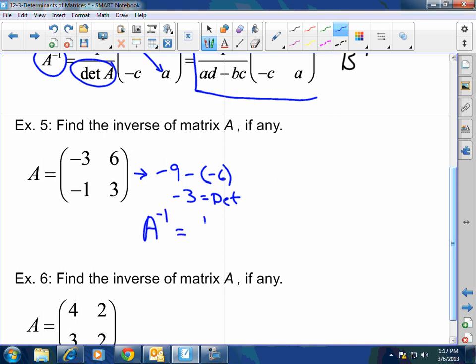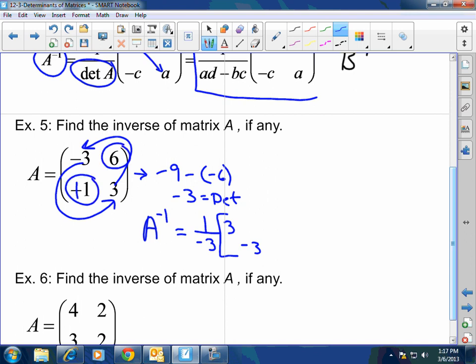It's going to be 1 over the determinant times the matrix inverted. So that means this 3 goes to where the -3 was. This -3 goes to where the 3 was. So 3, -3. And then I'm going to make, that's a positive, that's a negative, good. +1, -6, literally.